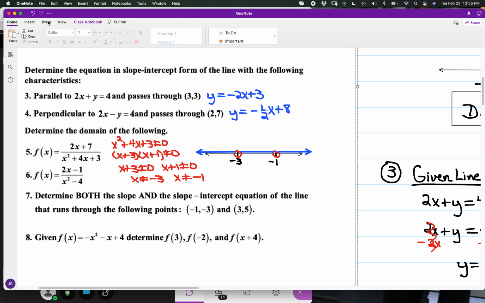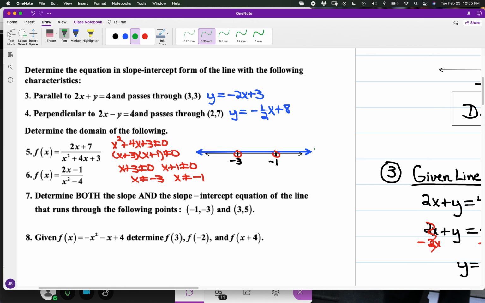And so in terms of the domain, you have two values left out. For number 5, if we express it in interval notation, we go from negative infinity to negative 3, and take the union with those values between negative 3 and negative 1, and then those values that are greater than negative 1.